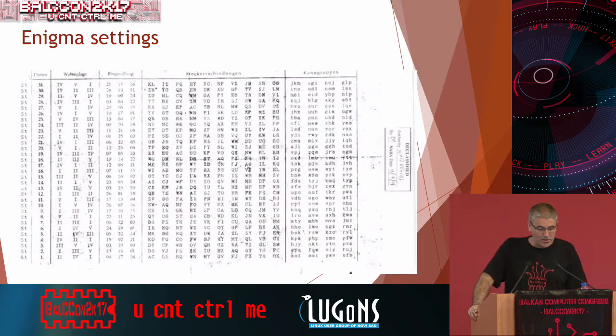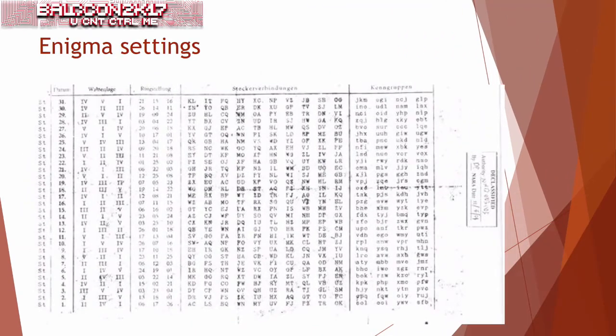This is a scan of the original Enigma settings. These settings were set by date. In the first field there is the date for that month, then the order of the wheels, then the start position of the wheels for that day, and then the plug board connections.